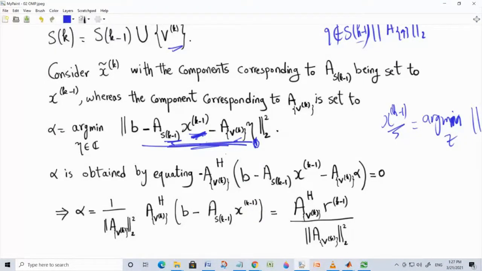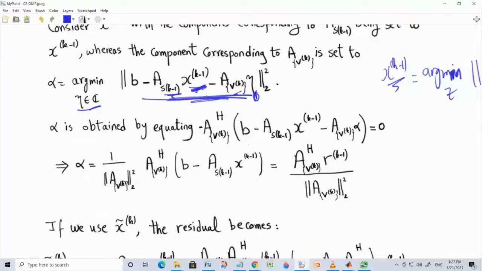Okay, so my optimization variables are really just one complex variable. In conventional least squares, you differentiate with respect to eta, equate the derivative to 0, and you get the result that alpha, which is this optimal eta, is this thing here.